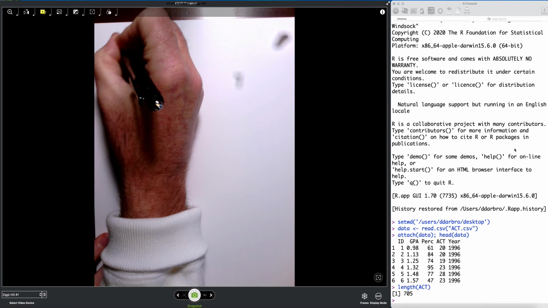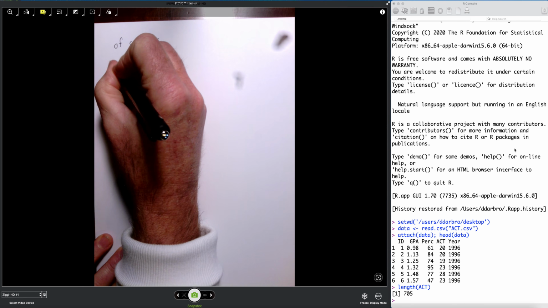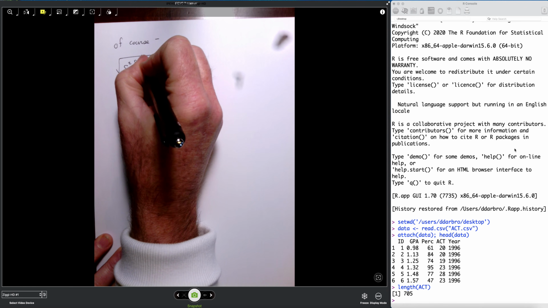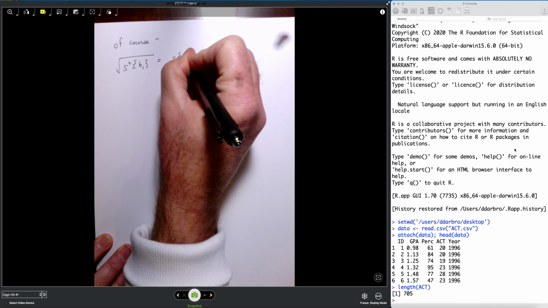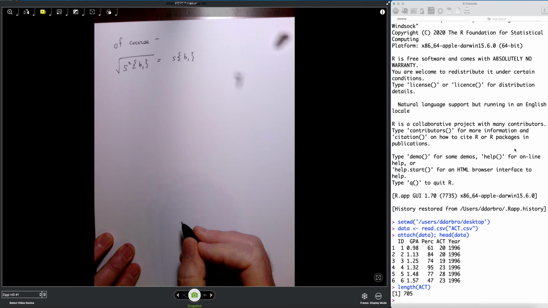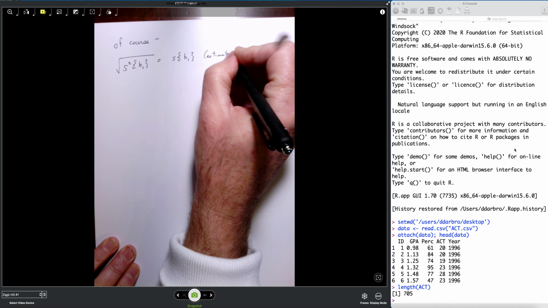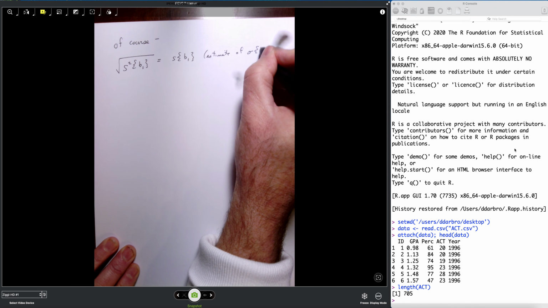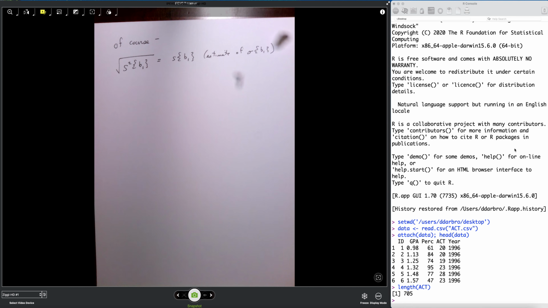So, of course, the square root will be the estimate of the population standard deviation for B1.